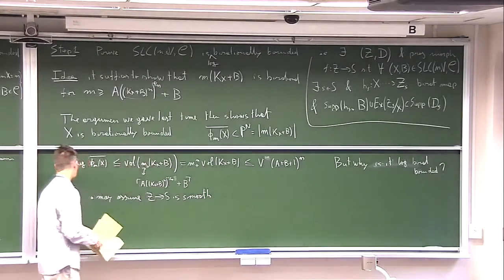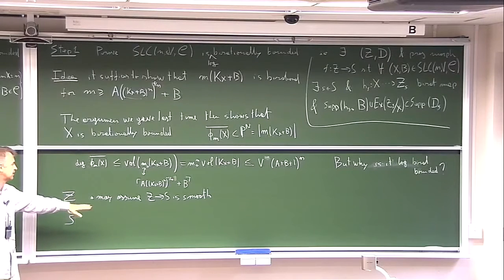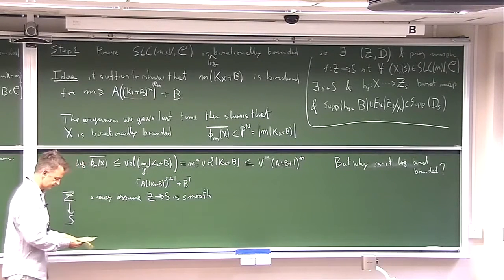Of course, in order to achieve this, you have to decompose Z into a bunch of finitely many locally closed subsets, and then where the blow-up process is nice on each fiber. Okay, so let's assume that this family is smooth.